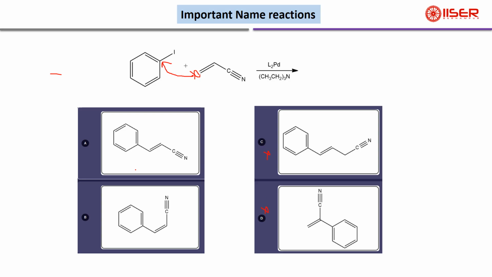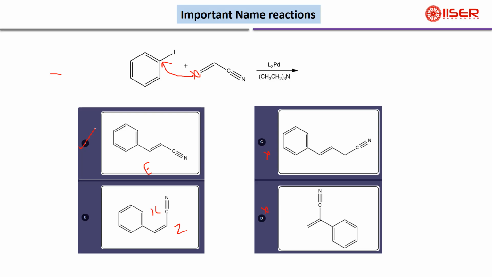Now the question is, will it be cis or trans double bond, that is, E or Z? Obviously we know that E double bonds are more stable than the Z double bond because of huge steric strain. So whenever there is no such controlling factor, it always tries to give a trans double bond. So the correct option is option A.